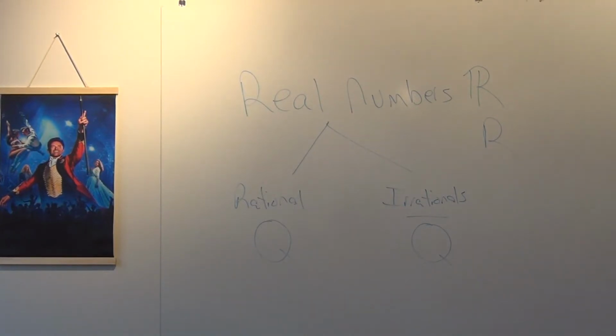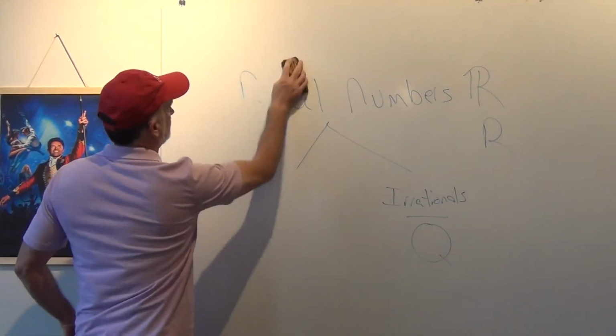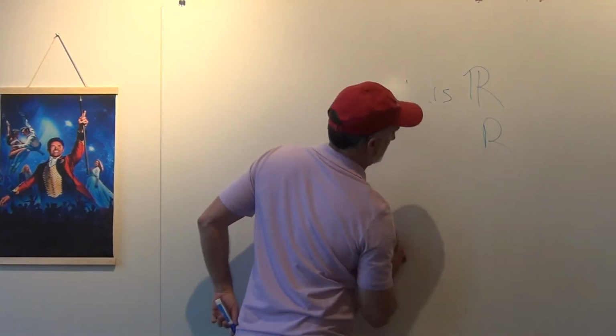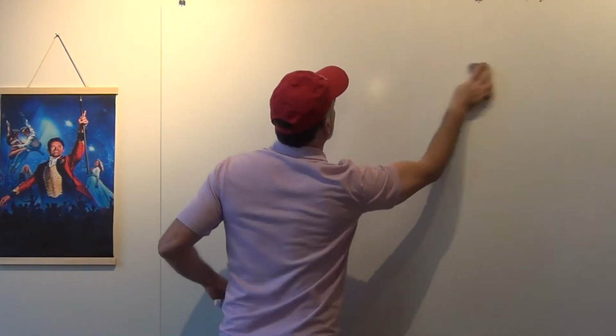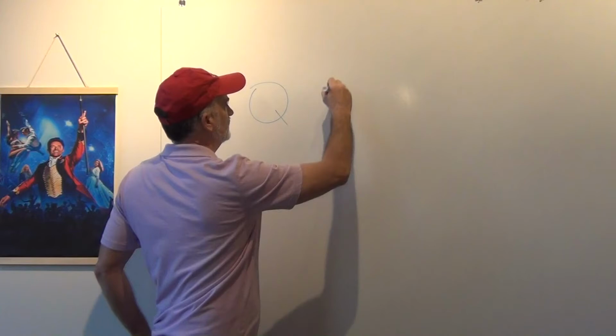And I forgot my eraser. Got to be prepared. Alright, so let's erase this. What is a Q? If you said that it was a quotient, you were right. Q stands for quotient. And what is a quotient?